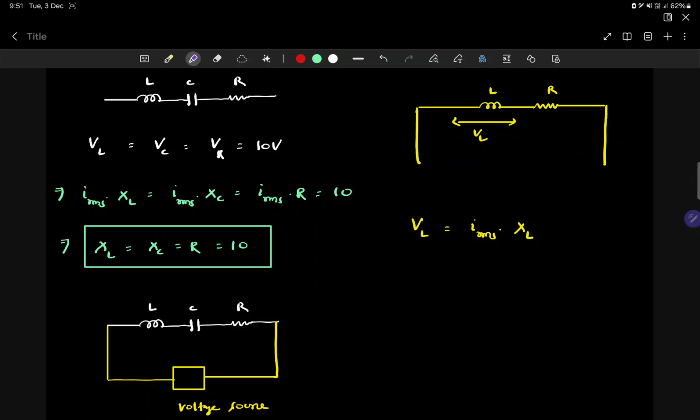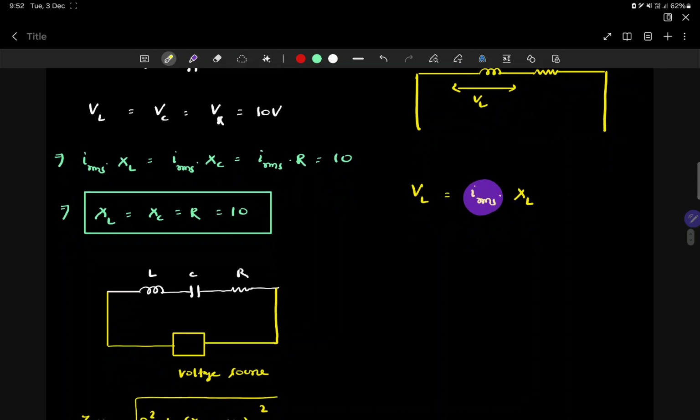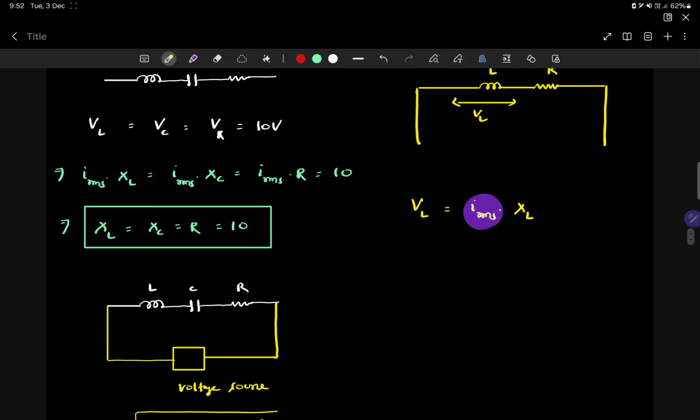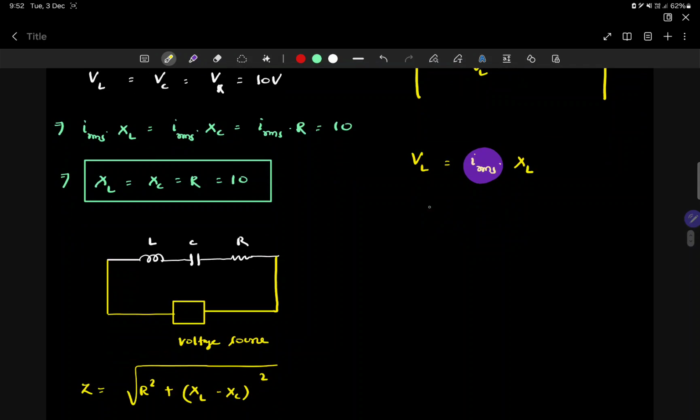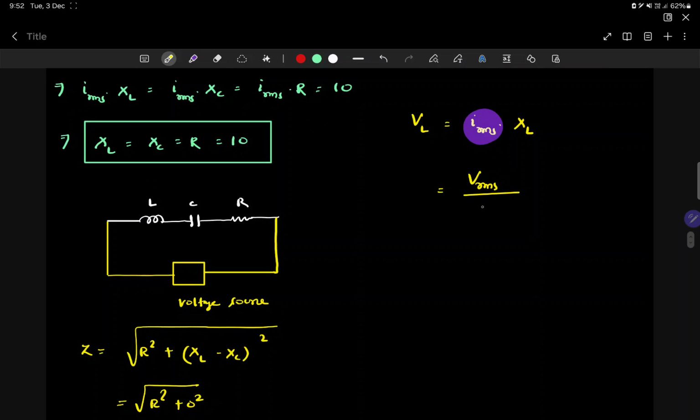As per the value, we can write voltage across inductance is equal to I RMS into XL. Now tell, when L and R are connected in series, what is the value of I RMS? We know current is equal to voltage by resistance. In this case, L and R are in series, so this will be V RMS divided by impedance Z, into XL.